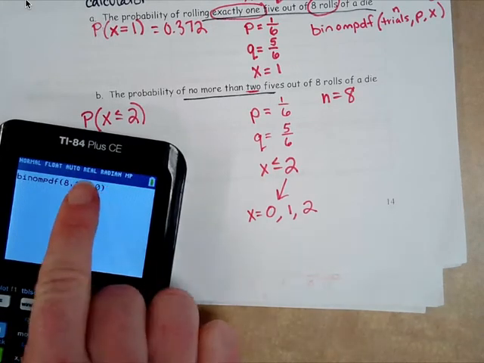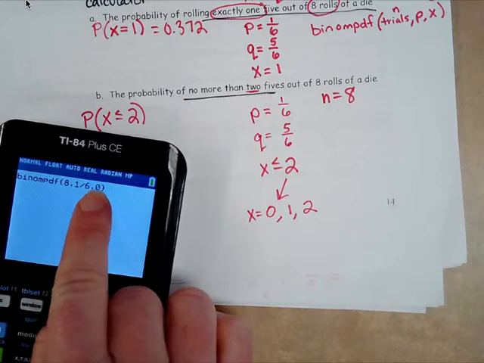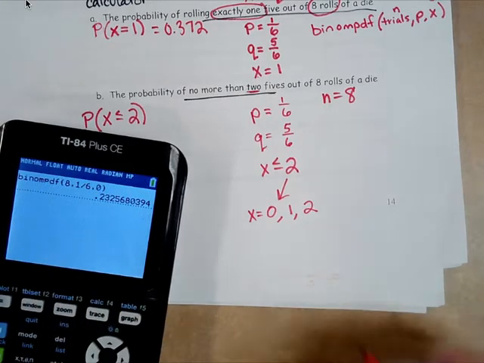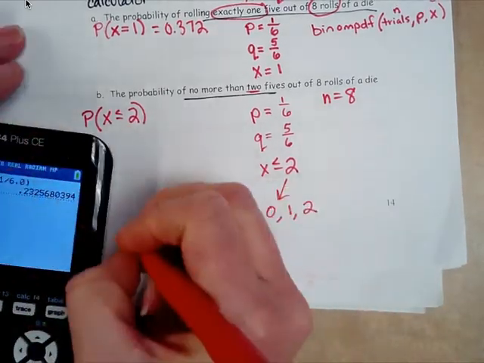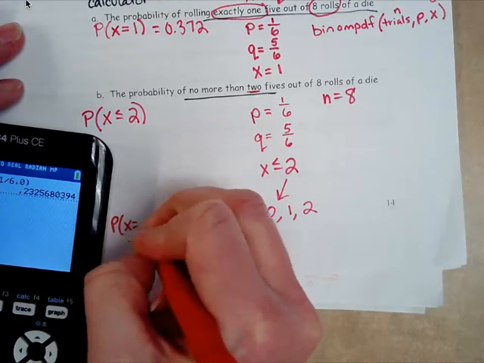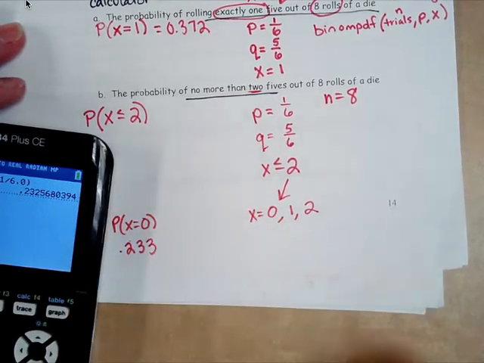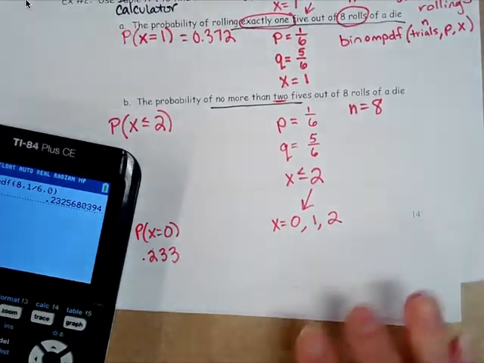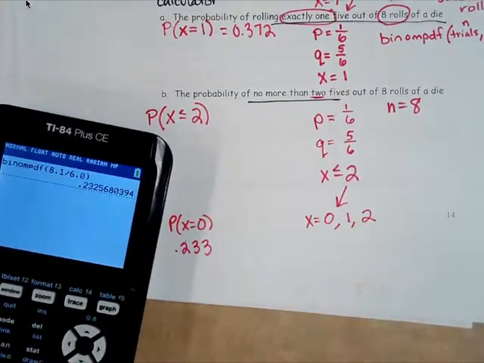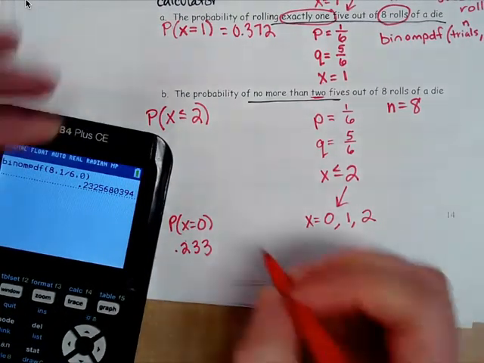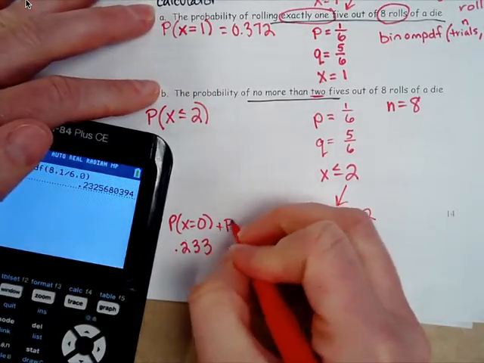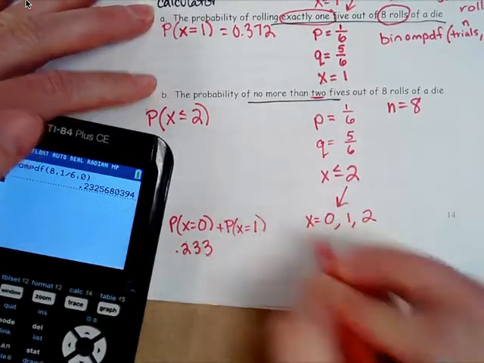And so see how it puts it in trials, P, and X. So I'm going to write probability that X equals 0 is 0.233, because we were doing 3 significant figures. Then we want to add the probability that X equals 1.